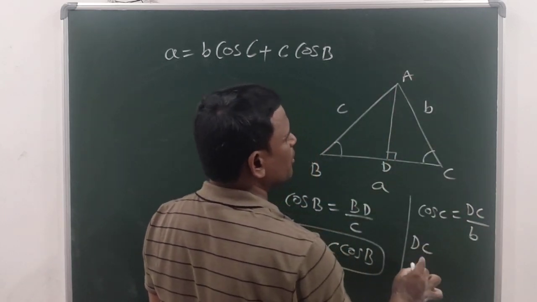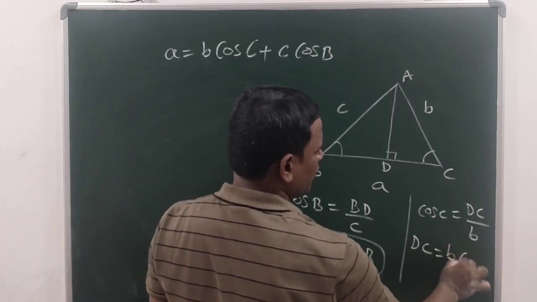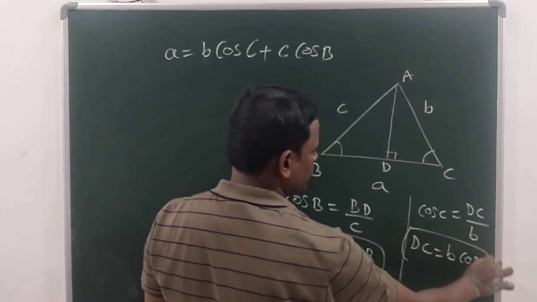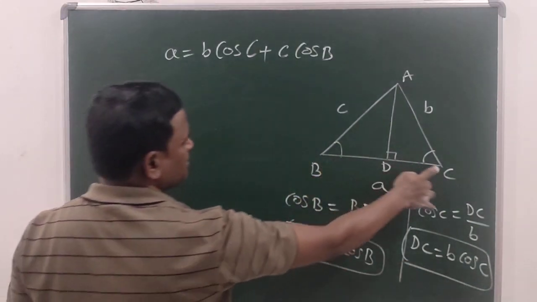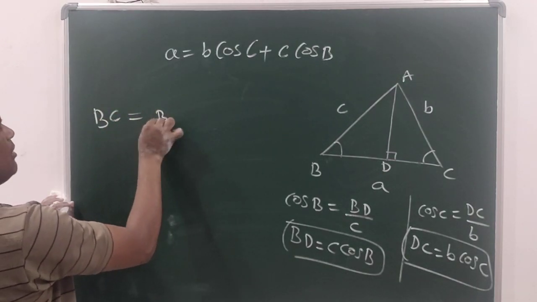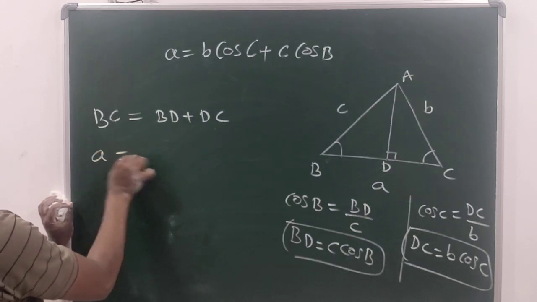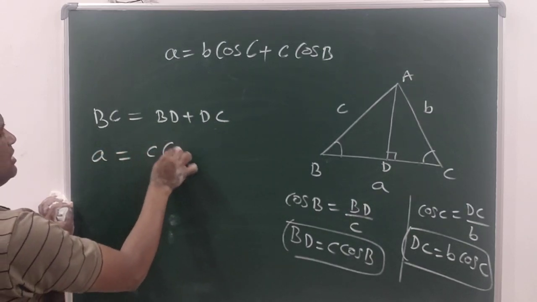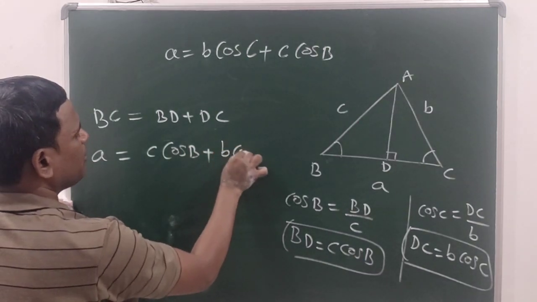So DC is equal to b into cos C. Now BC can be written as BD plus DC. BC length is small a, BD length is c into cos B, and DC is b into cos C.